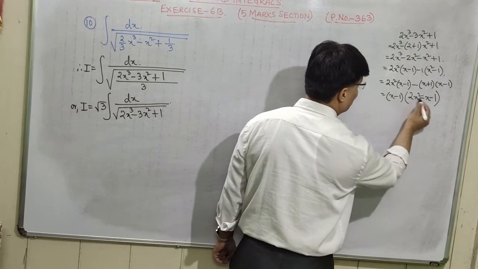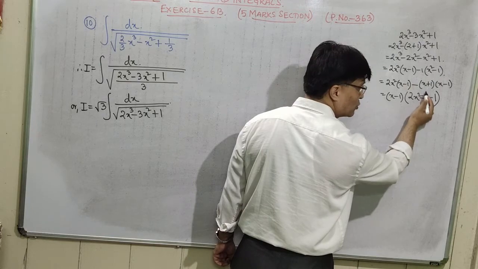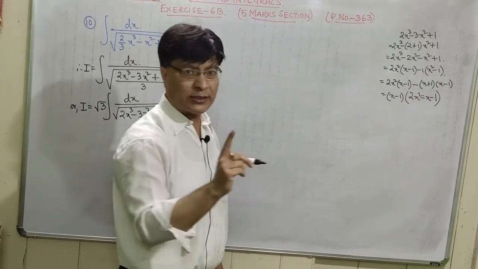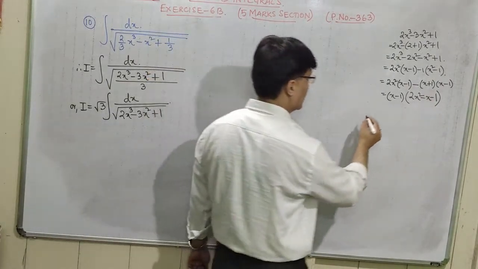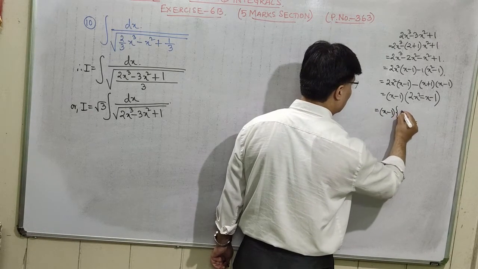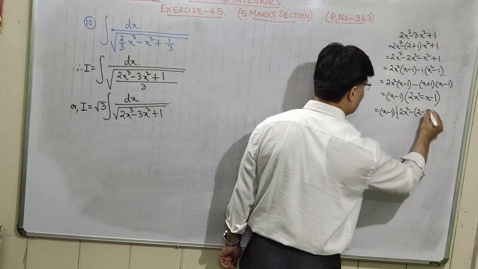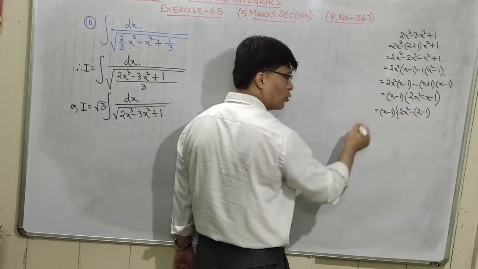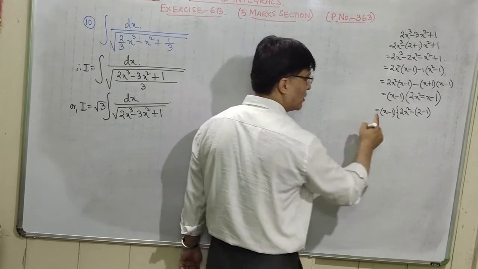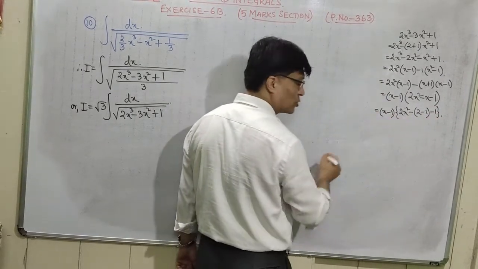So if you multiply the two numbers, you should get 2, and after subtracting, here the coefficient of x is 1, you should get 1. That is 2 ones are 2 and 2 minus 1 is 1. Okay, so which is equal to x minus 1 within the second bracket, it is 2x square minus within bracket, instead of 1 you should write 2 minus 1, and this is minus 1, second bracket is closed.